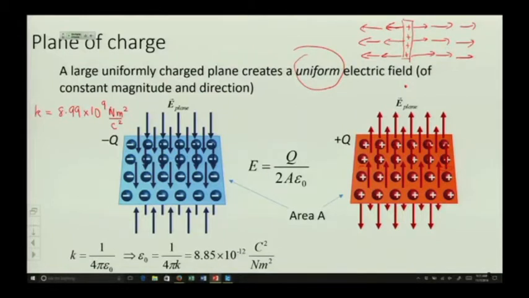It can be written as k equals 1 over 4 pi epsilon naught. Or epsilon naught is 1 over 4 pi k. And so when you do that, you get this number, 8.85 times 10 to the negative 12 Coulomb squared per Newton meter squared. This is a constant called the permittivity of vacuum.